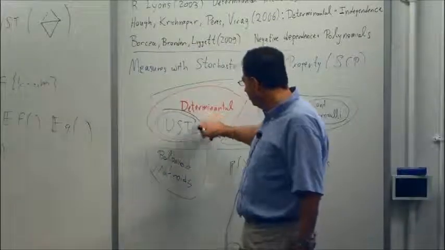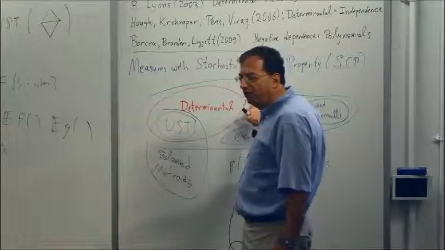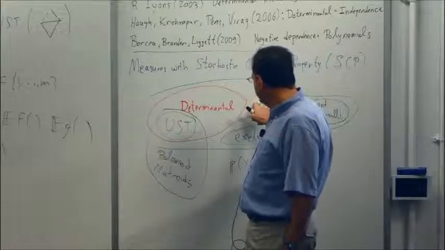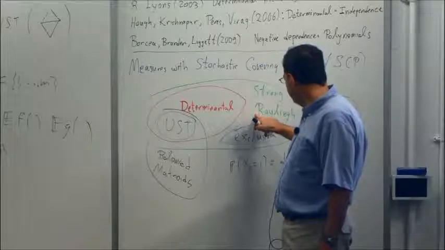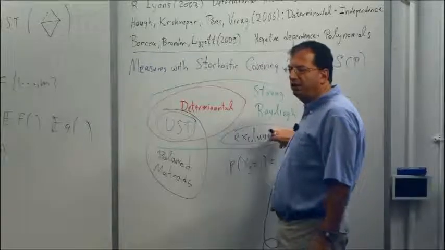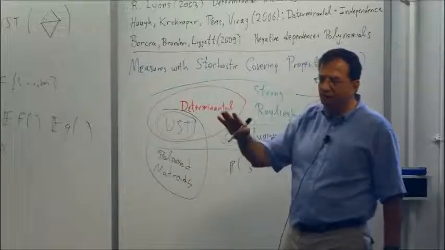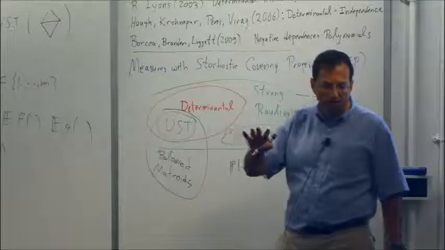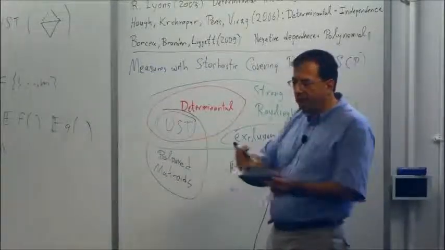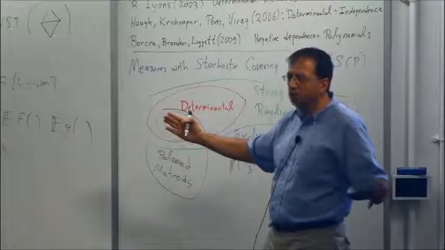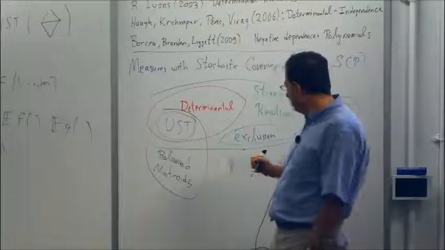So determinantal processes have the SCP, which includes the uniform spanning tree. I said all these strong Rayleigh have the SCP. They include, besides the determinantal ones, anything you get by starting at a deterministic state or in the IID state and running simple symmetric exclusion. A simple example: take Bernoulli variables and condition their sum to take a specific value. That's also strong Rayleigh.